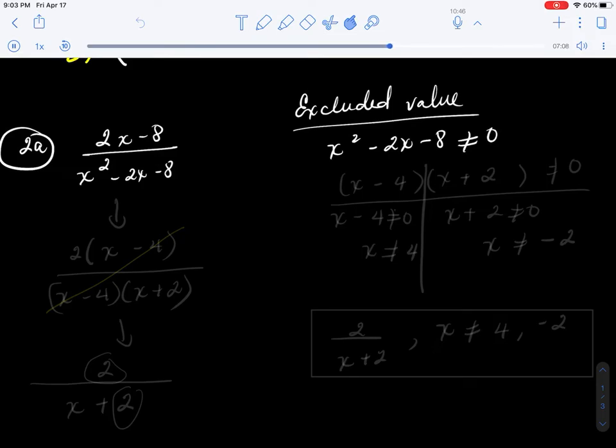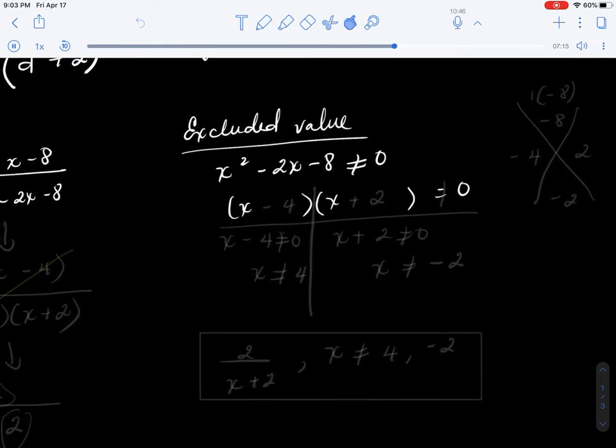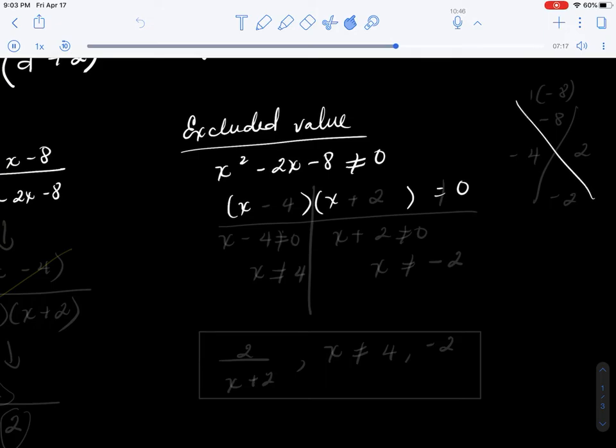I'm going to factor, so that's going to give me x and x. I need two numbers multiplied together to give me negative 8 but that add up to negative 2. That's going to give me negative 4 and positive 2.